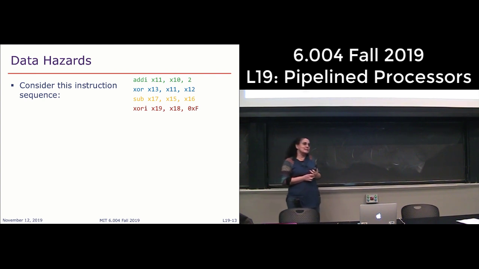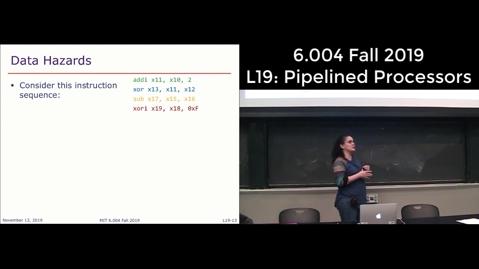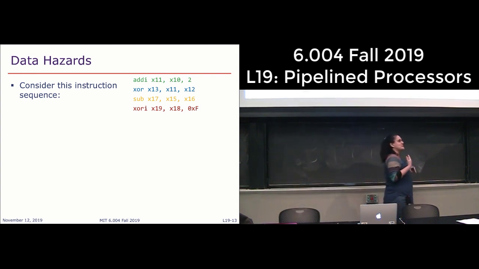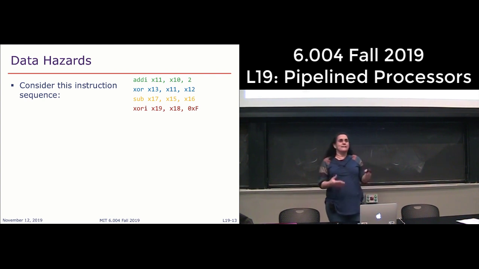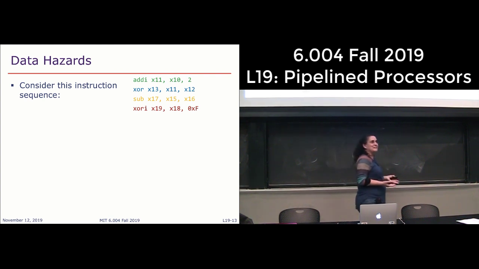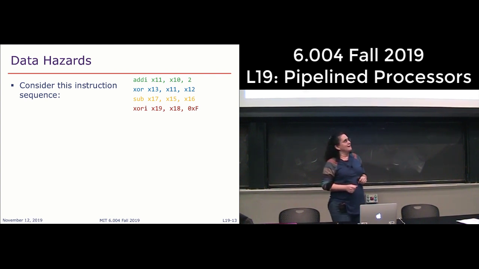But if you looked carefully at the instructions that I showed you previously, they were each using different registers. So there were no dependencies between the instructions. In reality, that's not quite how things work, right? Generally, we want to use the results of whatever instruction we just executed in order to do something else with it.